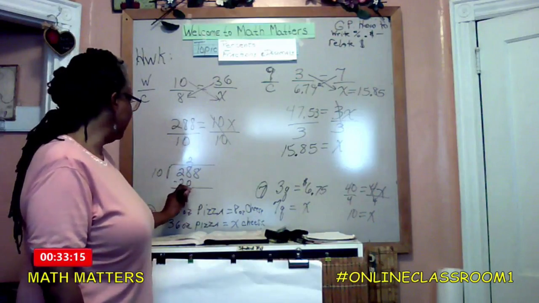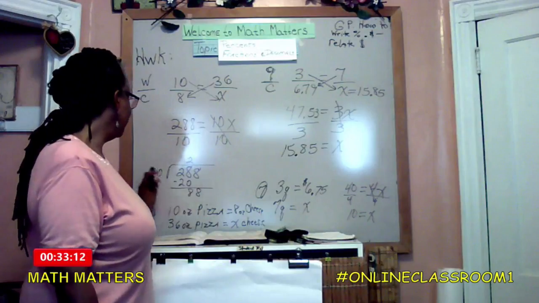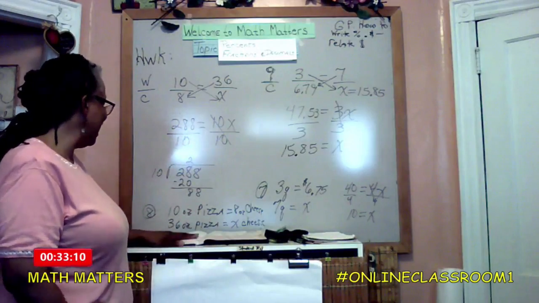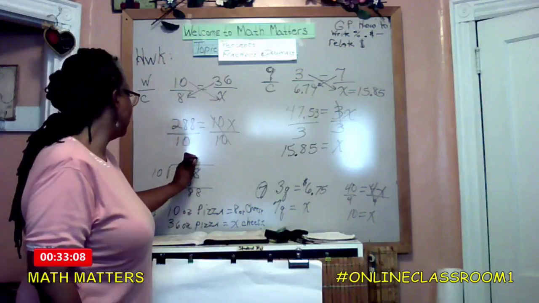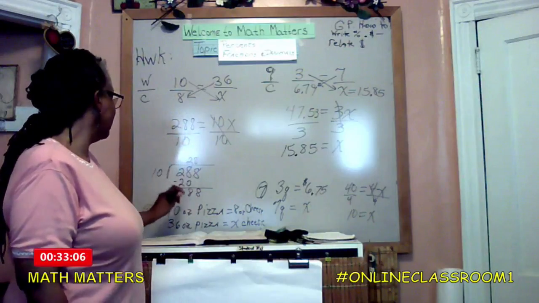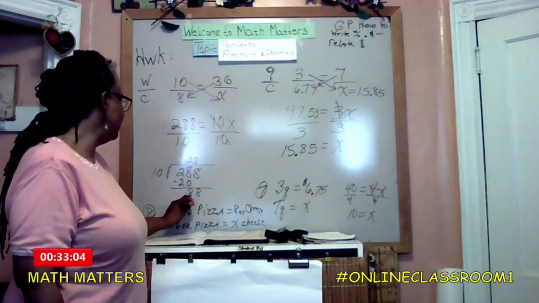Come down with 8, 88. 10 goes into 88 8 times. 8 times 10 is 80.